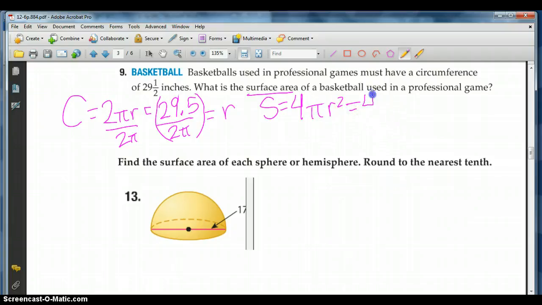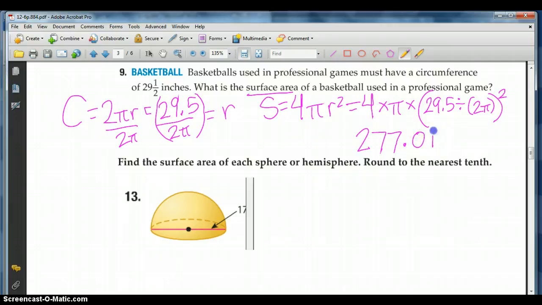In this case, that would be 4 times pi times our radius, which is 29.5 divided by the quantity 2 pi, and then the entire radius squared. And this gives us approximately 277.0 square inches.